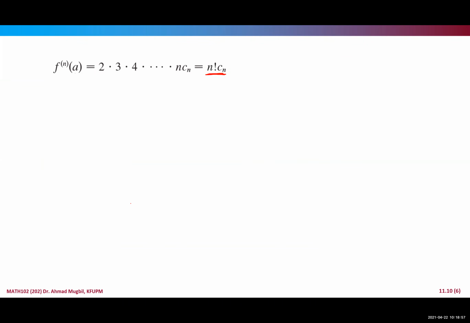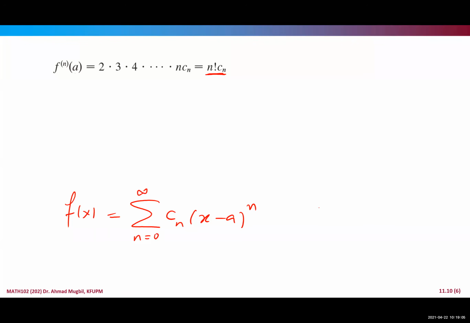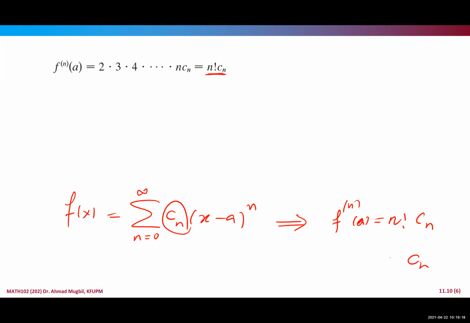So now we have started with f of x equals the sum of Cn times x minus a to the power n, n from 0 to infinity. And we have found that the nth derivative at a equals n factorial Cn. So what is Cn? What are the coefficients here? They are just the nth derivative evaluated at a divided by n factorial.